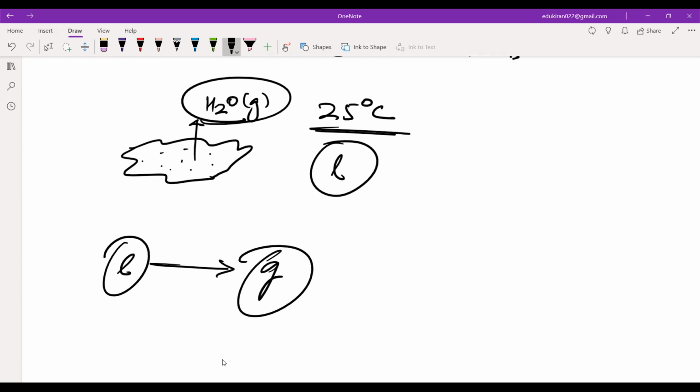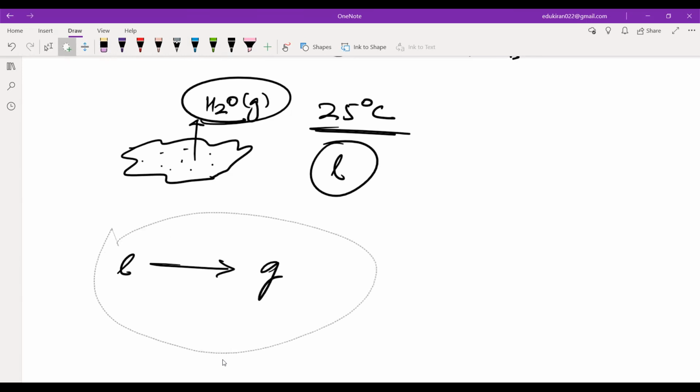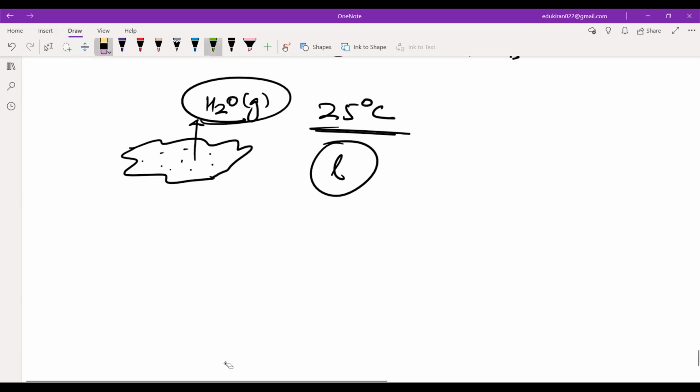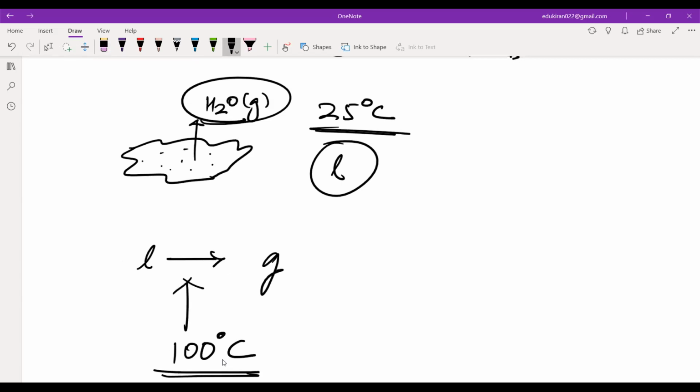So the water is choosing to be in a more highly energetic state rather than a less energetic state. Yes or no? And are we giving it enough energy? If I want to convert liquid water to gas, then I have to increase the temperature of the liquid to 100 degrees Celsius. Yes or no?